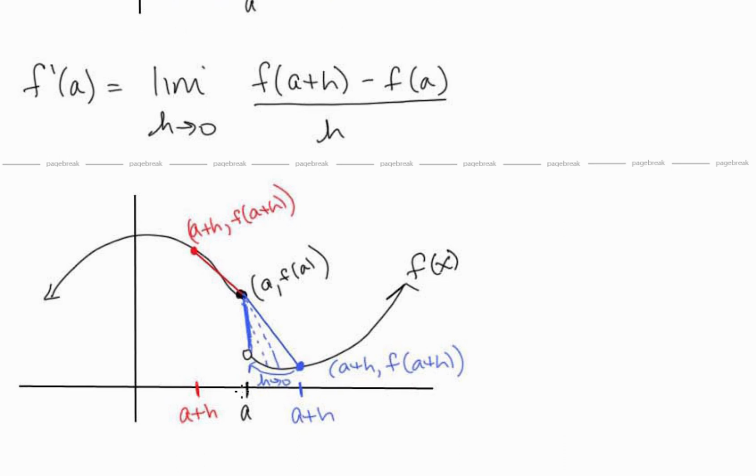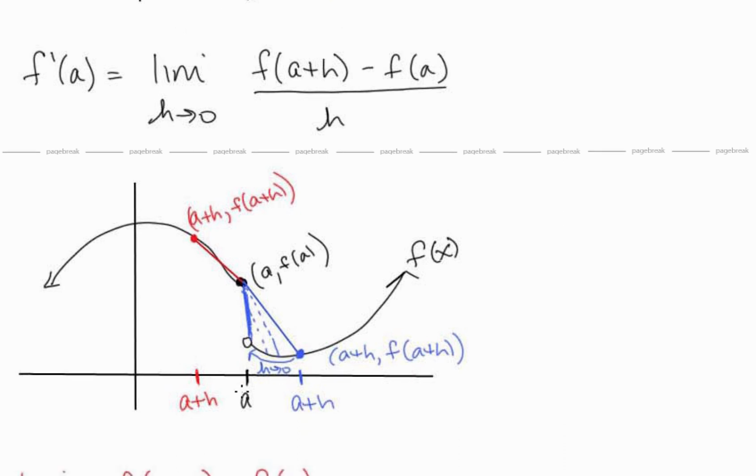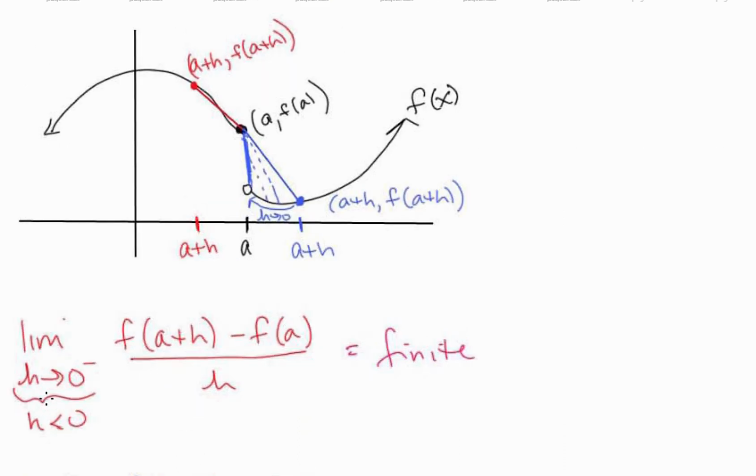So as we're taking the limit as h goes to 0 from the left, we're talking about h values that are negative, and so a plus h would be to the left of a, and we would be taking secant slopes like this. And because this function is continuous from the left, we would get a finite limit here, whatever that slope would be. We would get that from our left-sided limit computation for the derivative.